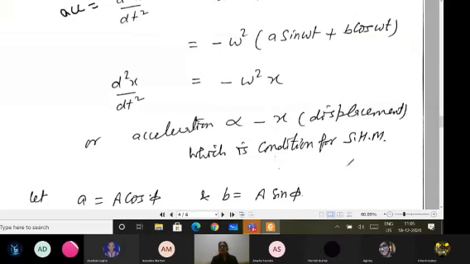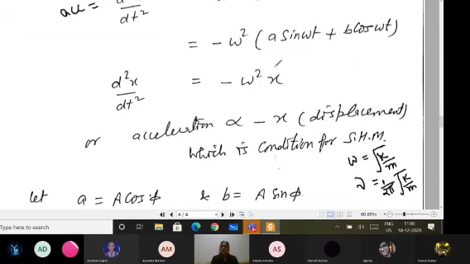Then you can directly use that omega square equals k upon m, or omega equals square root of k upon m, and you can write the value of time period or frequency depending upon what is asked in the question. So if they ask you to prove that this equation is SHM, you are supposed to prove that acceleration is negative of displacement.